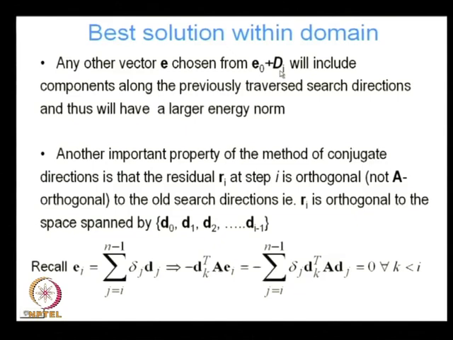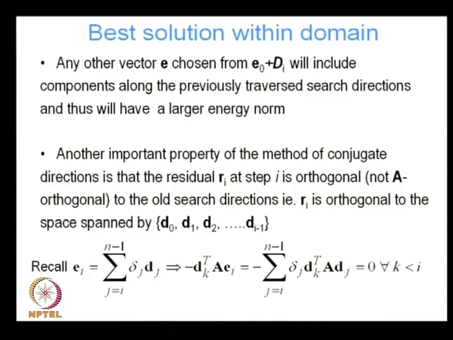So, if I choose any arbitrary vector from that subspace, which is basically D_i plus e_0, it is going to have a component along the previous directions.